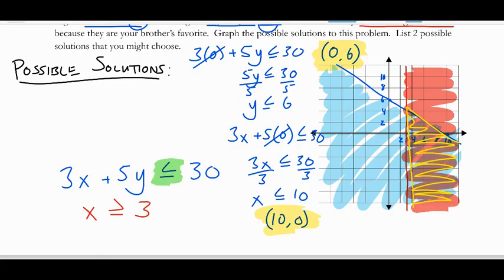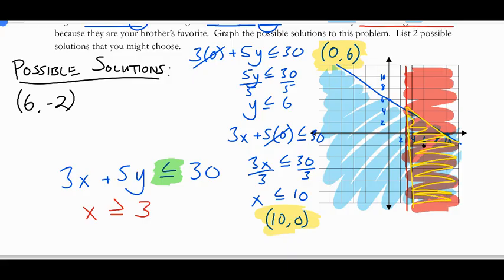So let's pick a spot. How about right over here in this area up here? Let's see, that's going to be 6 and -2. So if I pick 6 and -2, let's just take a second to think about that conceptually. Okay.